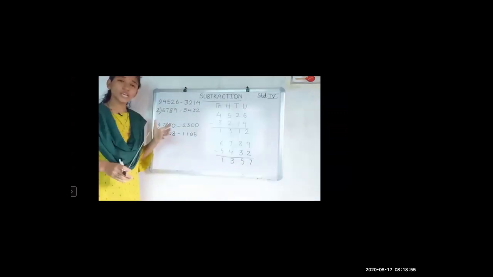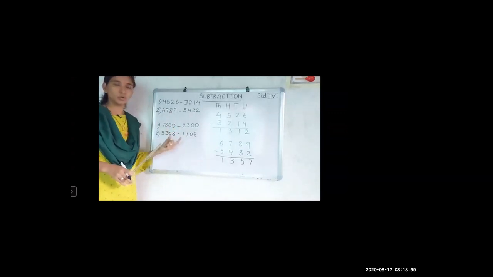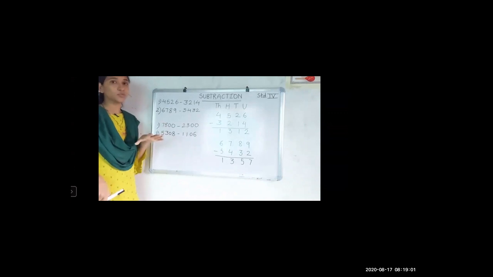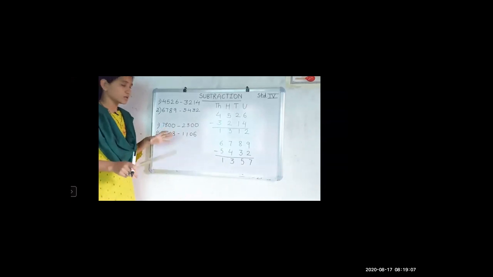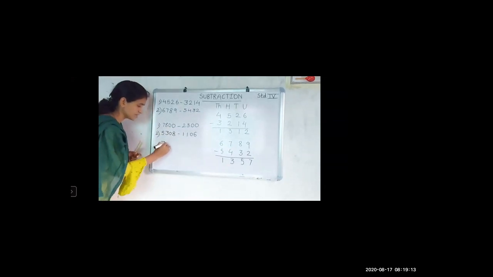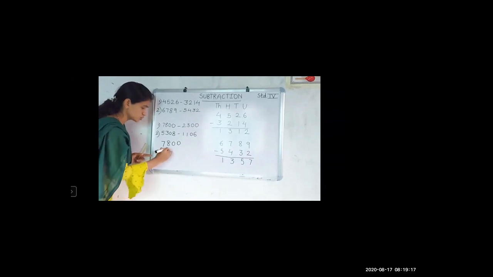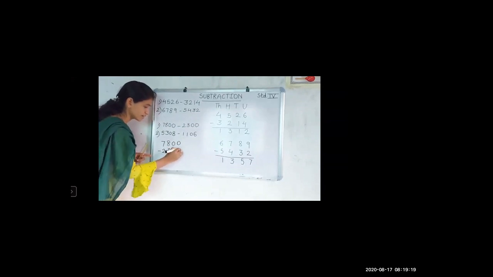Now I've already written the examples which involve zero, because I have observed in my students that when zero is involved in subtraction questions, you get somehow confused. So I'm going to clear your doubts in that way also. So I have given here two examples. 7,800 minus 2,300.